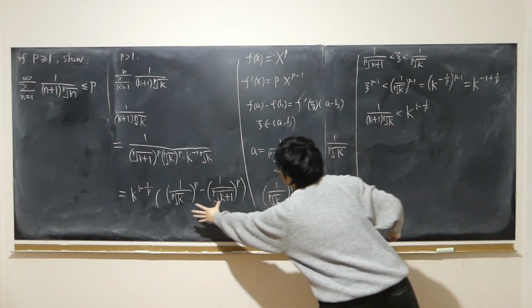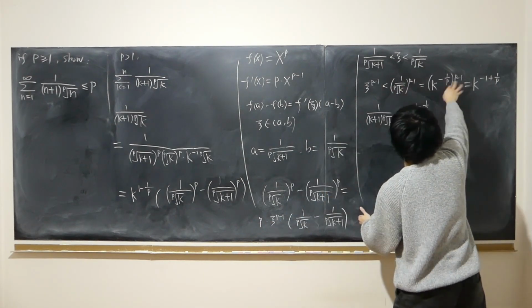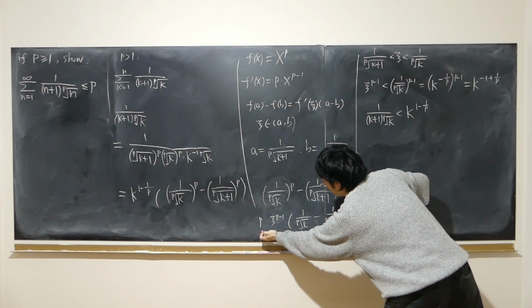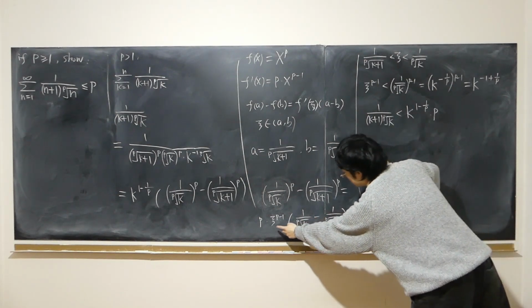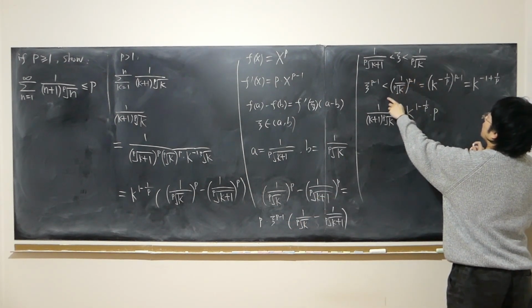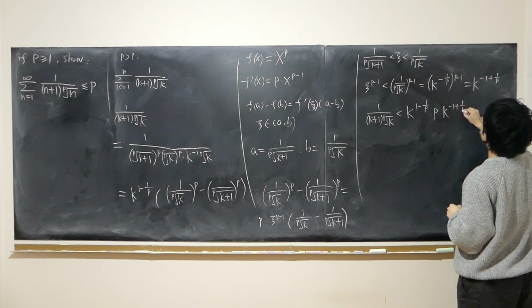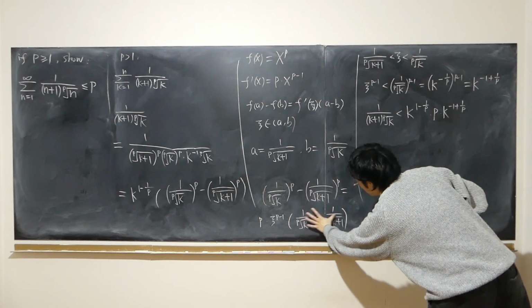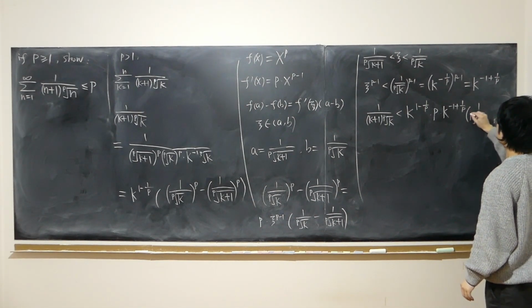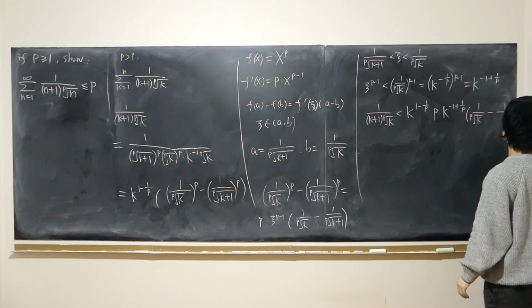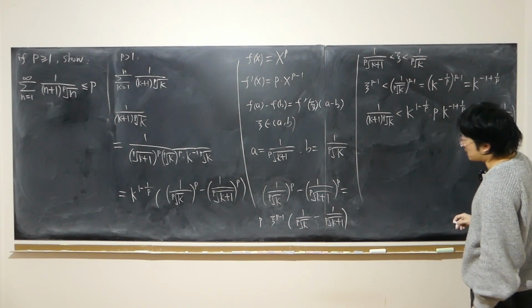And since this is equal to that, so that is smaller than this. So I still have to copy down this p, right? And I have to replace c to the power of minus p with this, right? k to the minus 1 plus 1 over p. So copy down this. 1 over the pth root of k minus 1 over the pth root of k plus 1, right?